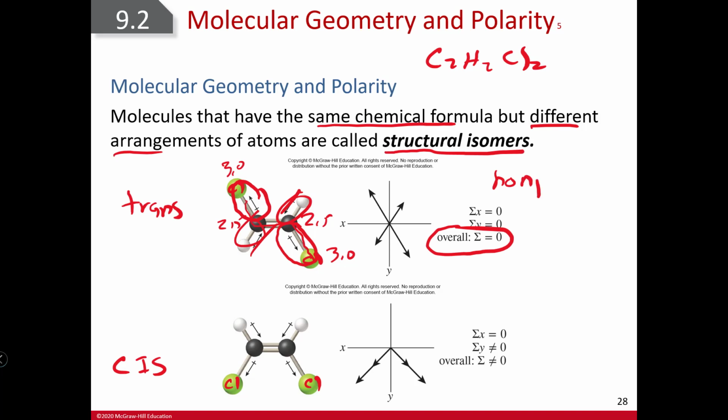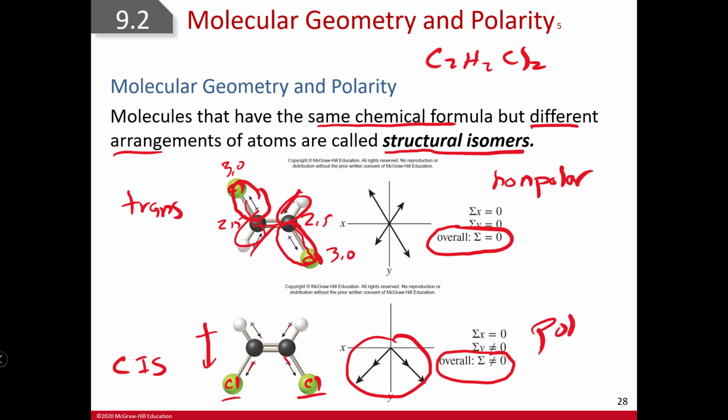So this substance does not dissolve in water. Whereas when both of the chlorines are on one side, the resultant vector is in a downward direction. These are down, and overall the resultant vector is in a downward direction. And so the summation of the forces is not zero, and this becomes polar.